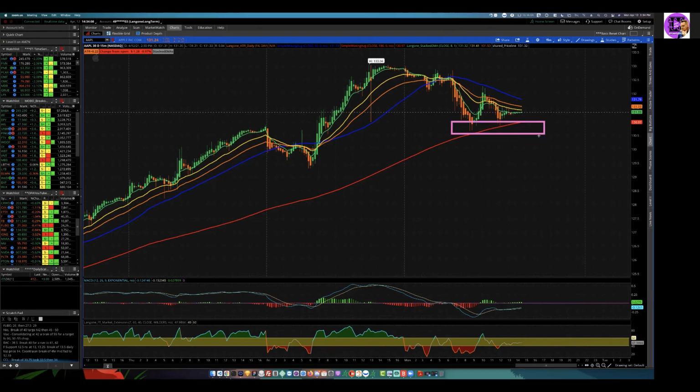I'm going to look to possibly enter into this kind of generalized position, because it's going to take a lot to get through a 21, an 8, a 21, a 34 exponential moving average, and then also get on top of the 50-day simple moving average. It takes a lot to do, but when it does it, it's a glorious move. Not saying it can't, I'm just saying that it does take a lot.